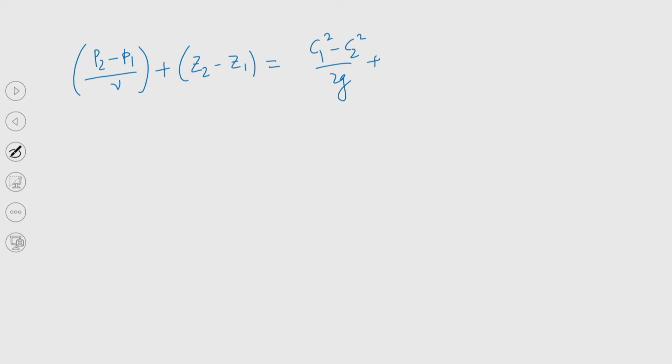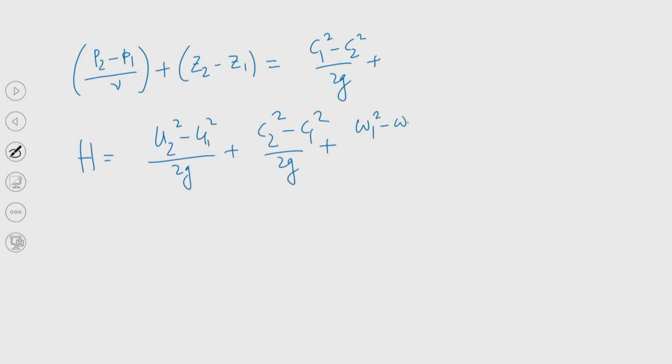In the previous class we have seen that this H can be written in terms of different velocity components, U2 square minus U1 square by 2G plus W1 square minus W2 square by 2G.